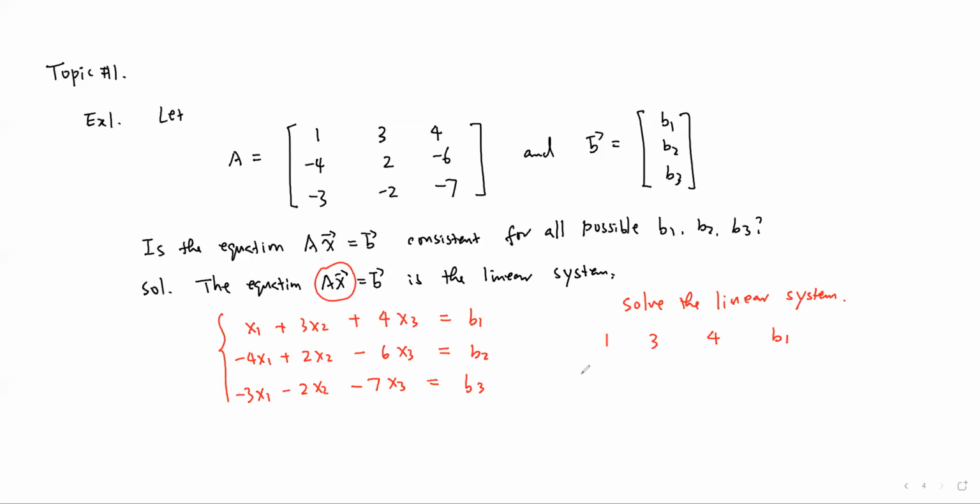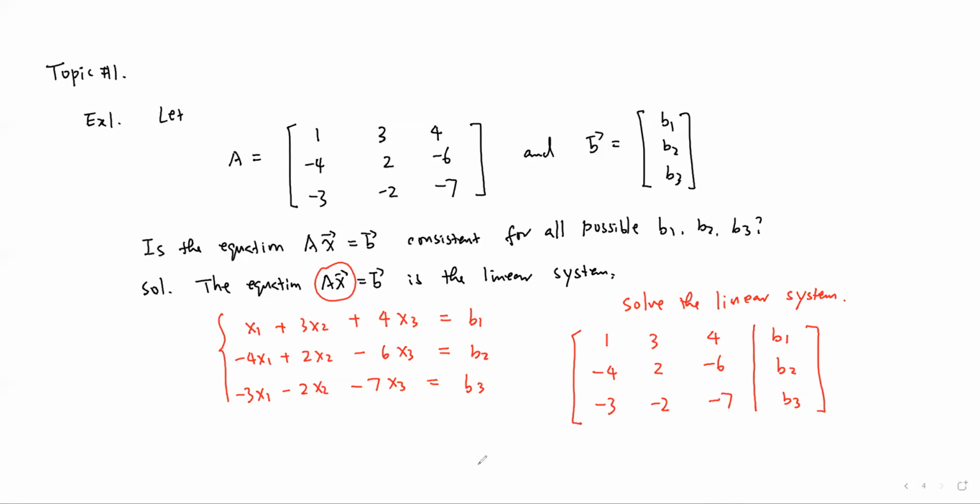Second equation, right hand side. Third equation, right hand side, then separate augmented matrix. Now I reduce the augmented matrix to echelon form by forward elimination.